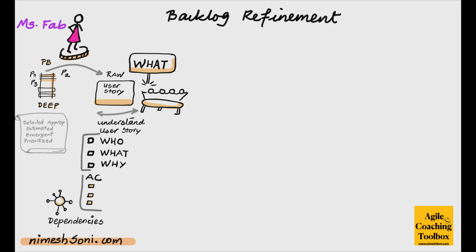So, there the product owner can explain what we refer to as scenarios. In fact, a good product owner will include this in the user story. She would have written the scenarios along with the who, what, why, and the acceptance criteria.